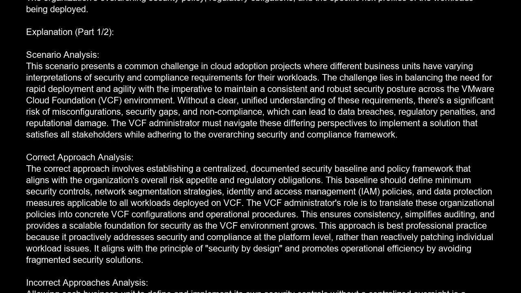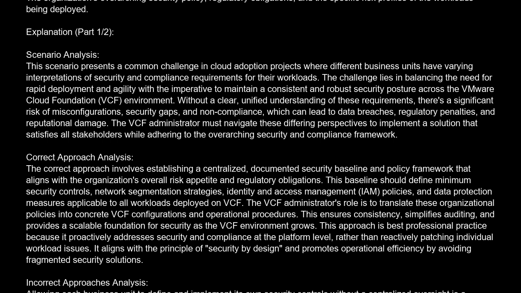This scenario presents a common challenge in cloud adoption projects where different business units have varying interpretations of security and compliance requirements for their workloads. The challenge lies in balancing the need for rapid deployment and agility with the imperative to maintain a consistent and robust security posture across the VMware Cloud Foundation (VCF) environment.